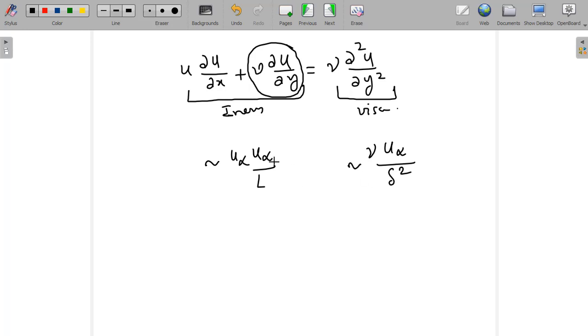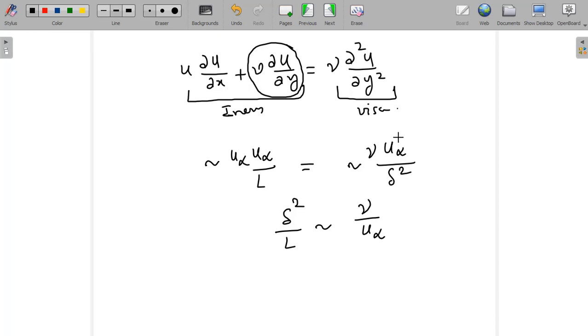So they must have a similar order of magnitude, and if they have a similar order of magnitude, then delta square by L will have the order of magnitude of nu divided by u infinity.